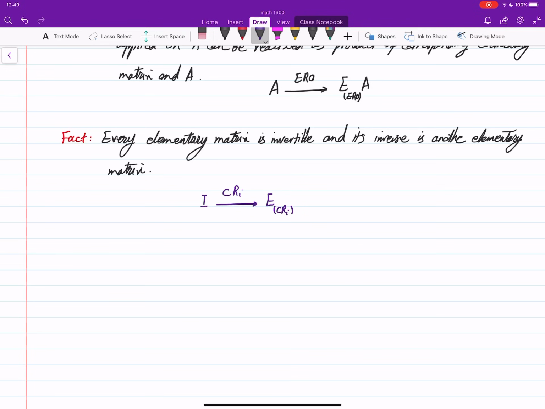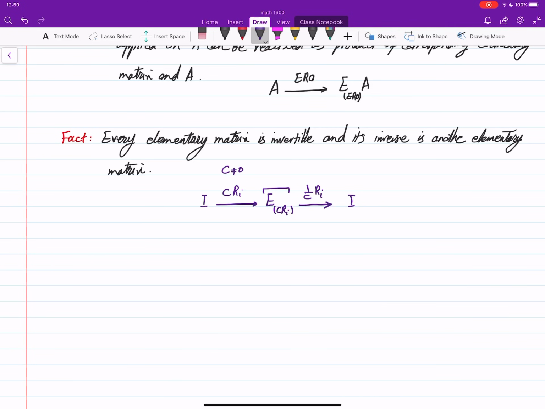Now, since we are assuming that c is non-zero, we have another row operation that, if I apply it on this matrix, will give me back the identity. This time, if we multiply row i by 1 over c, we will get back the identity.